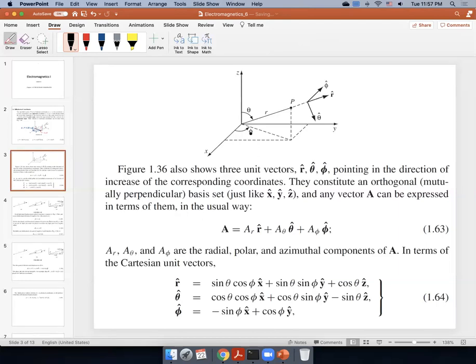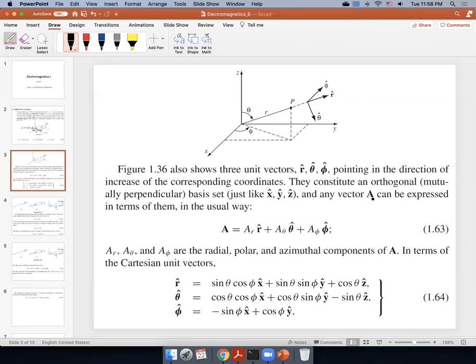But here in polar or spherical coordinates, you still have three vectors, which are shown here: r hat, theta hat, phi hat. And these three vectors are also perpendicular to each other, or they're in an orthogonal system.